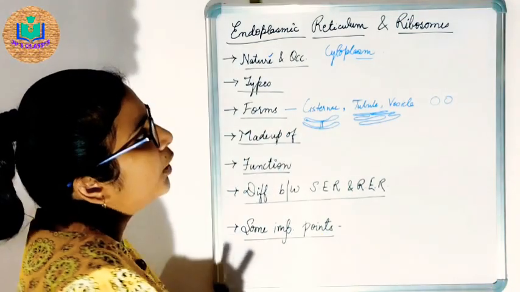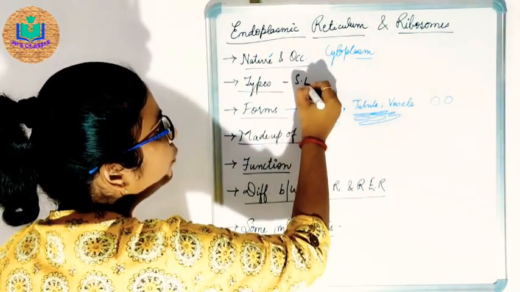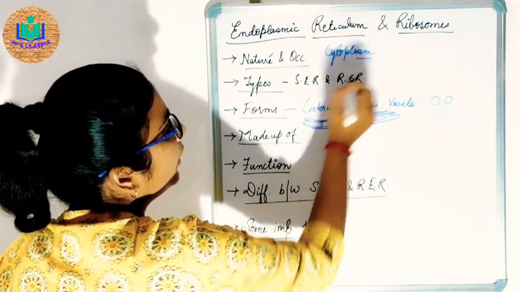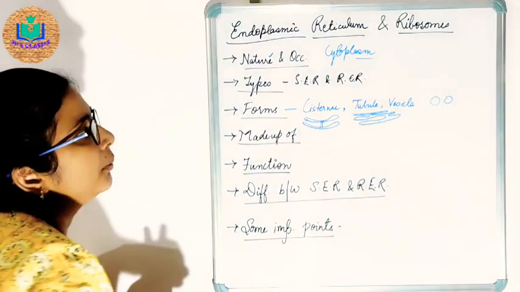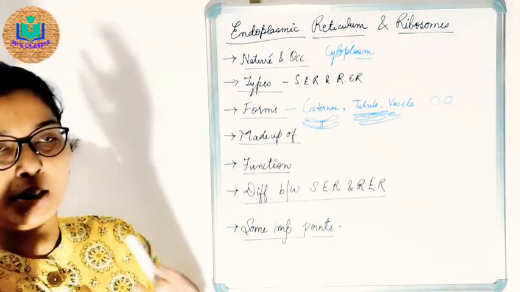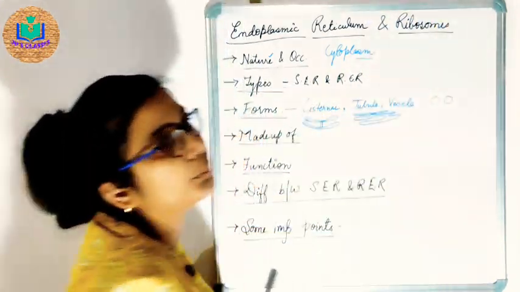Generally, endoplasmic reticulum is found in two types. First one is smooth endoplasmic reticulum, and the second one is rough endoplasmic reticulum. Okay. By its name, it is clear that rough endoplasmic reticulum has a rough surface by the presence of ribosomes.